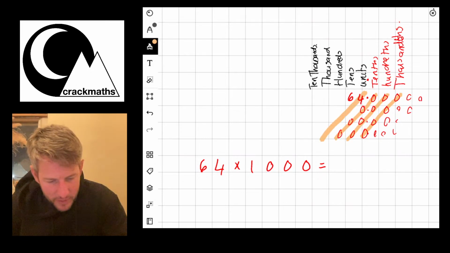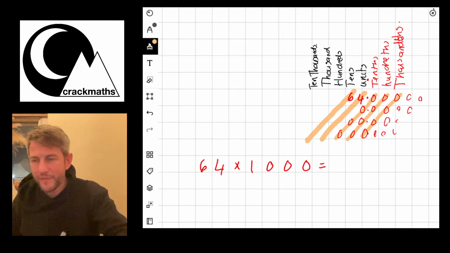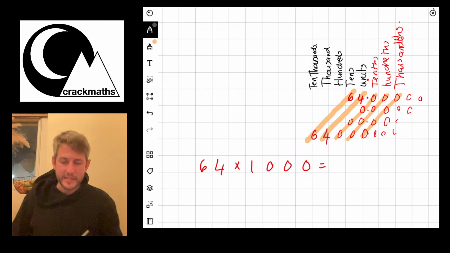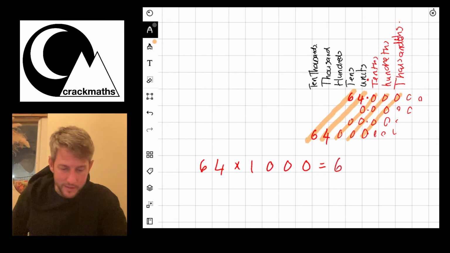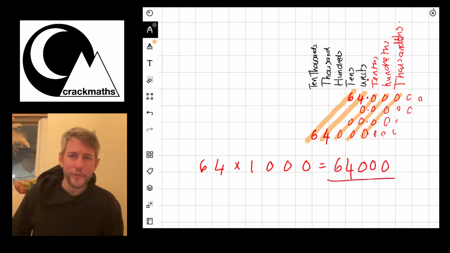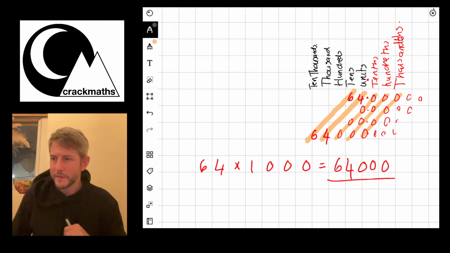It's not so nice without the squares. And then we'll end up with 6, 4, 0, 0. So here we go, 64, 1, 2, 3. So hopefully you got that 64 times 1000 is 64,000.